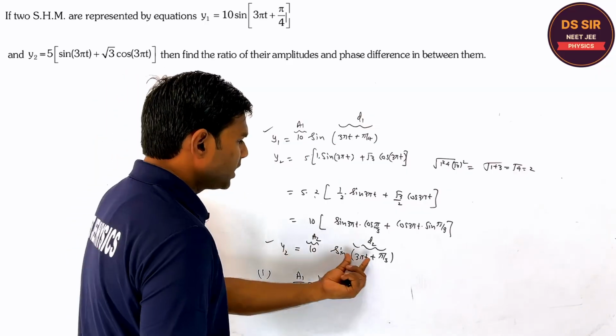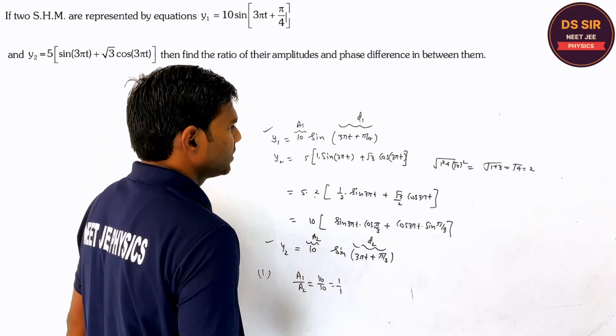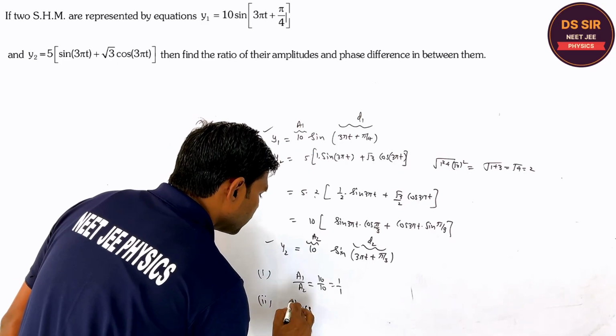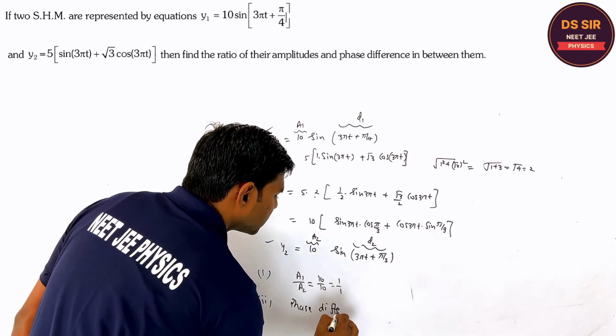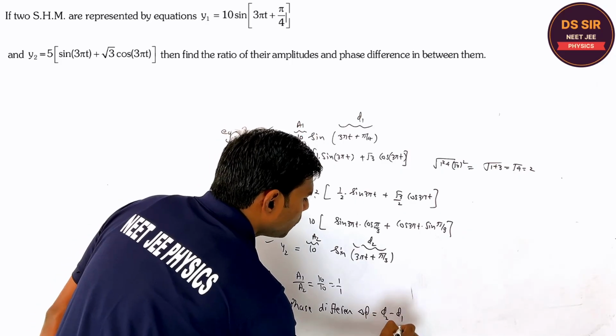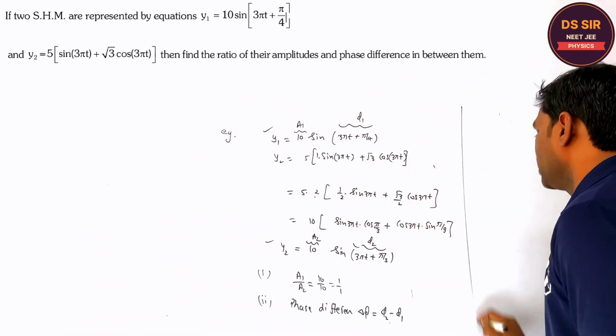And in the second part they are asking the phase difference, right? So what is the phase difference? The phase difference delta phi is phi 2 minus phi 1. So I am writing this side.